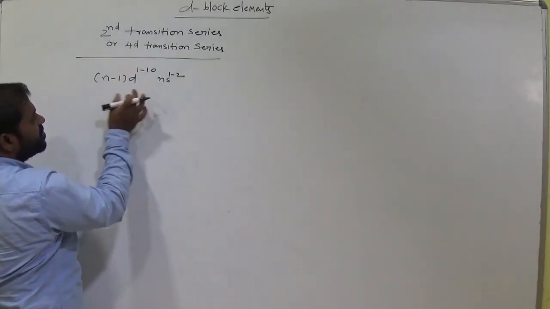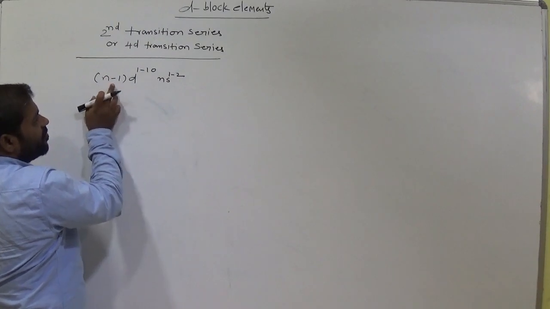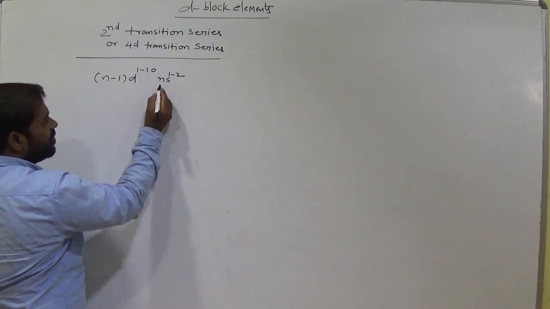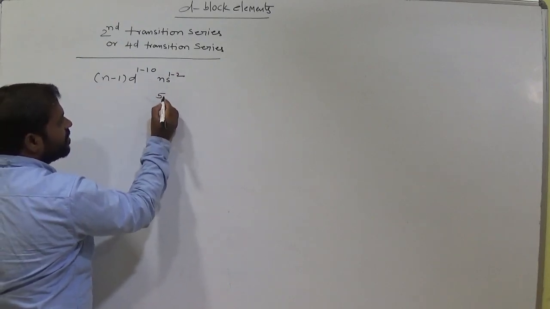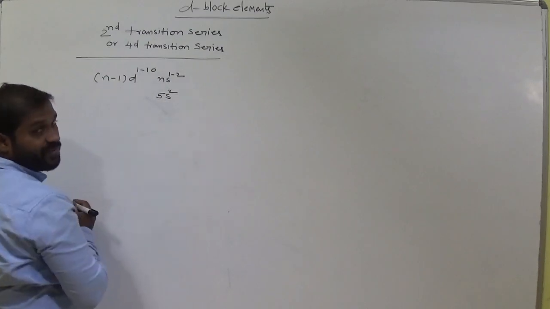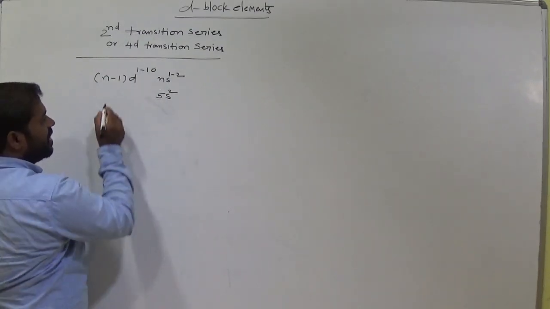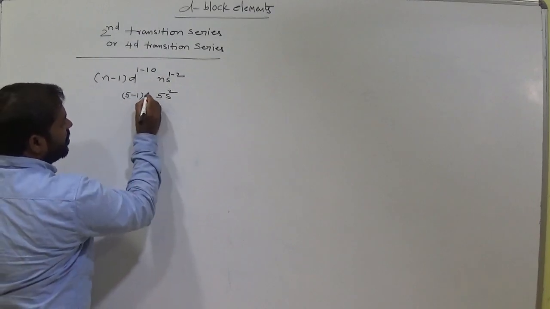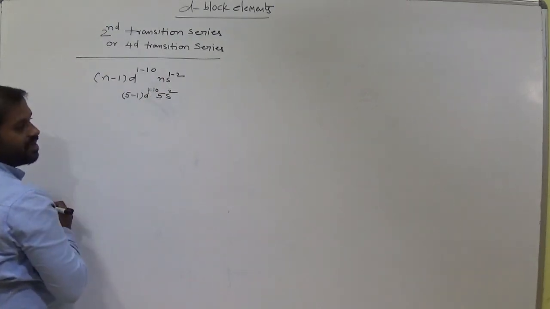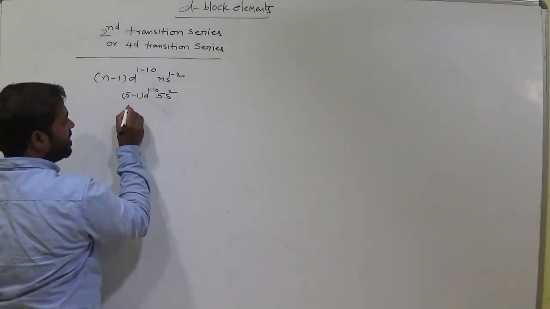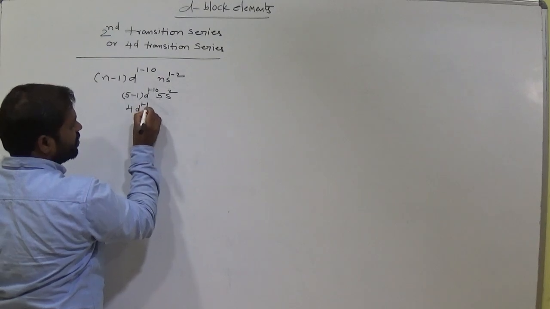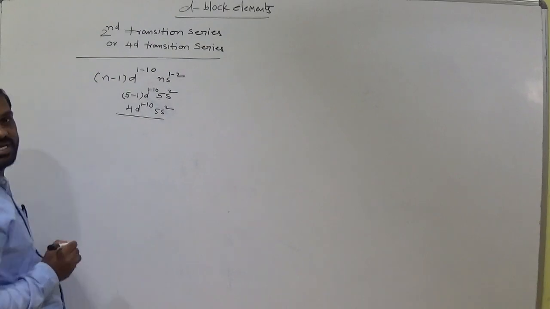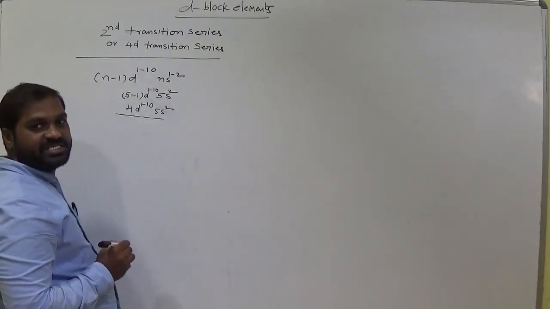So 4d means what is the value of n? 4d means 5 minus 1, so keep n value 5. 5s2, and 5 minus 1, that is 4d 1 to 10. This is the outermost electronic configuration of the 4D transition series.